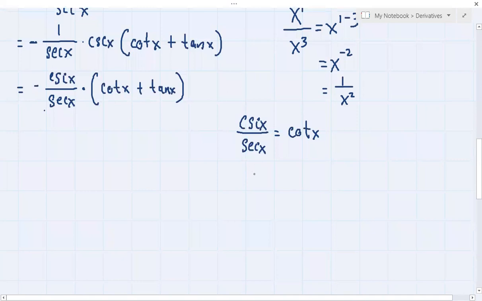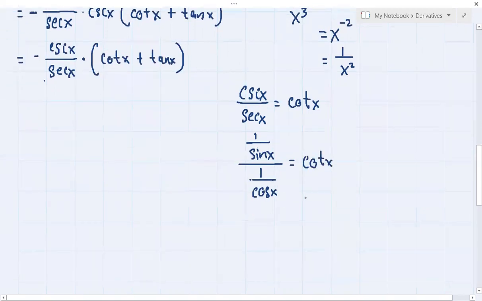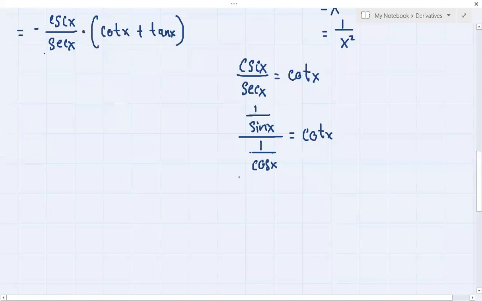Okay? So, recall natin, si cosecant x ay 1 all over sin x, all over si secant x, meron tayong 1 all over cosine x. So, let's reciprocate. If you're going to reciprocate this one, magiging 1 all over sin x times cosine x all over 1.